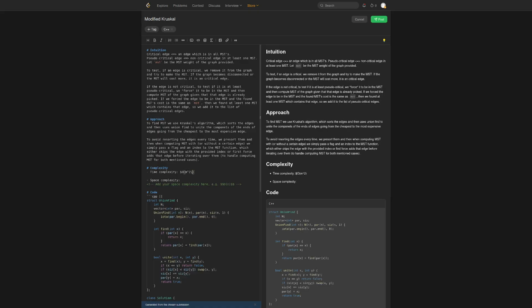Time complexity: O of m squared alpha n.